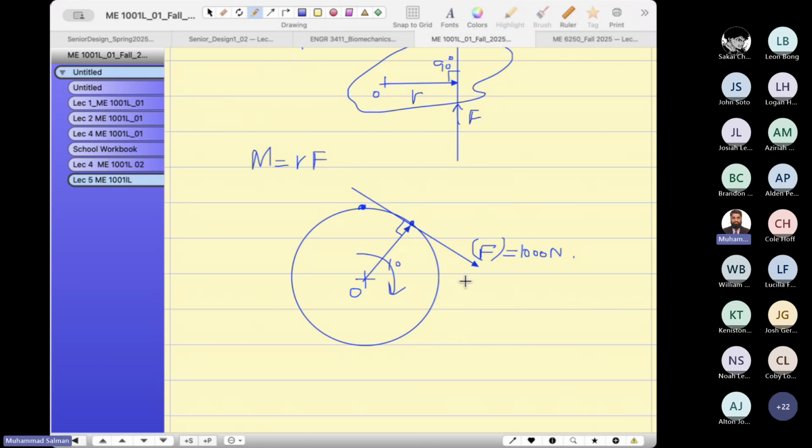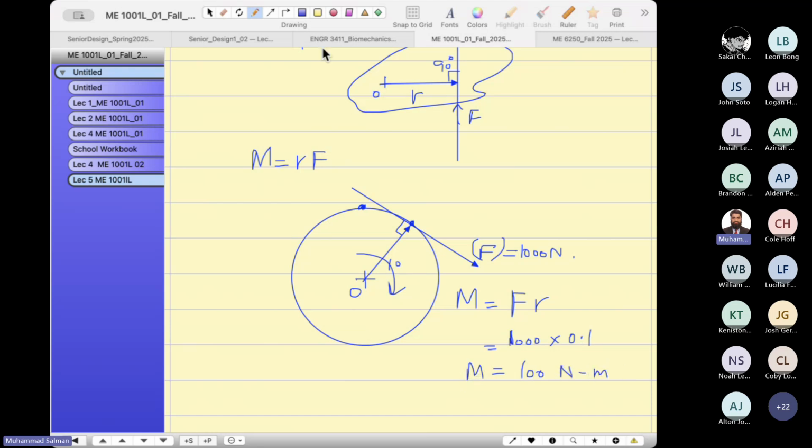If I ask you, you will say, Professor, the turning effect of this force would be F times r, and r is 10 centimeters, so I'm going to write 1000 times 0.1, which is 100 newton meters.